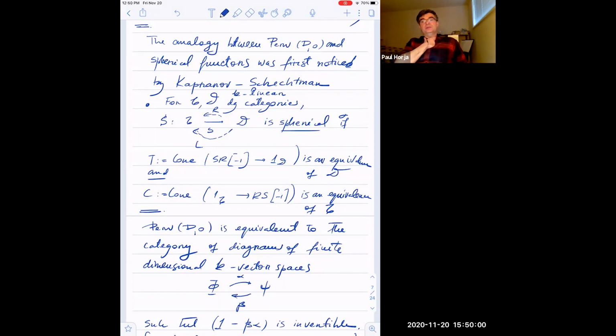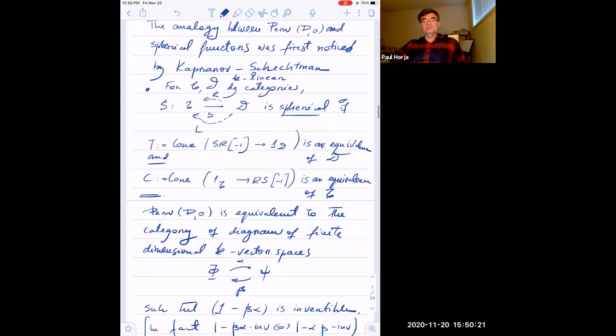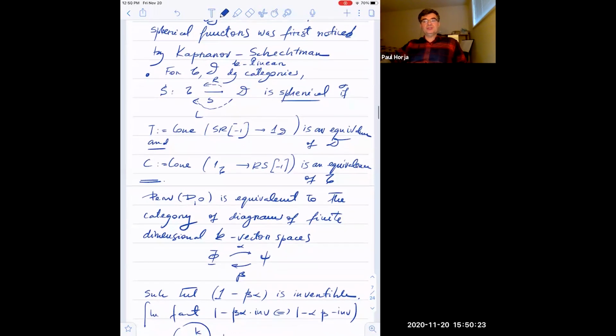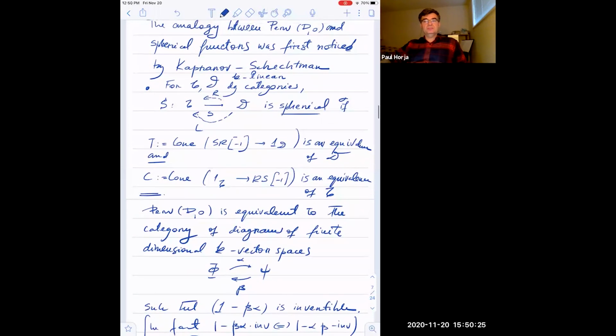This has been noticed in a paper by Kapranov and Schechtman, namely that there is an analogy between spherical functors and perverse sheaves on, say, a disk in the complex plane with the stratification at the origin.